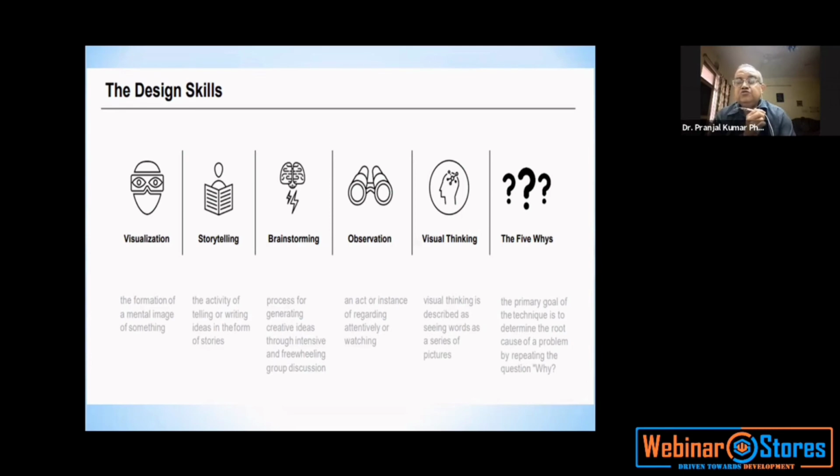Then observation: you need to have a very good observation skill. You should keep your ears and eyes open. Then you have visual thinking activities. You should be in a position to do visual thinking, which is part of cognitive thinking, and which machines are taking care of nowadays through ML and DL, machine learning and deep learning.